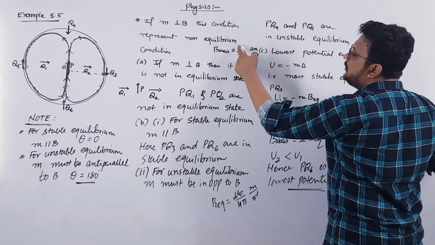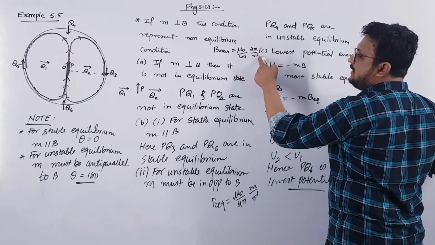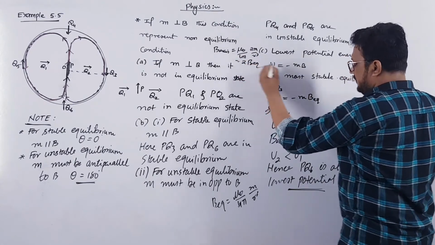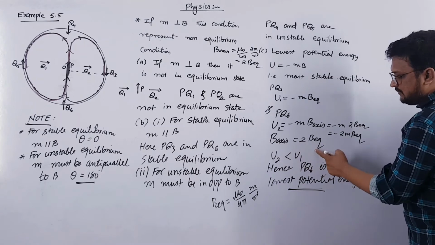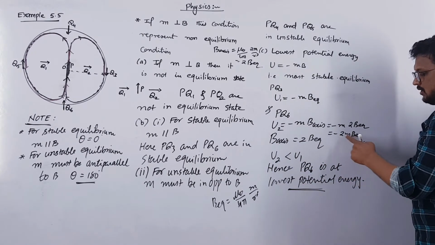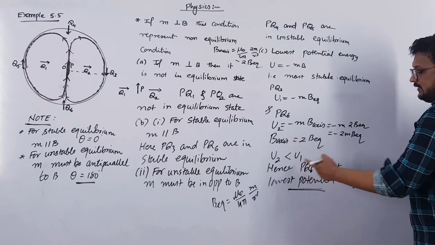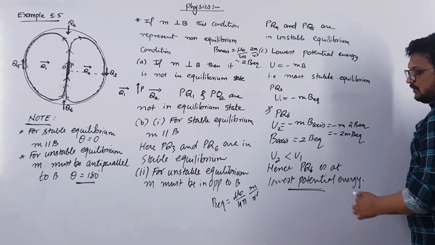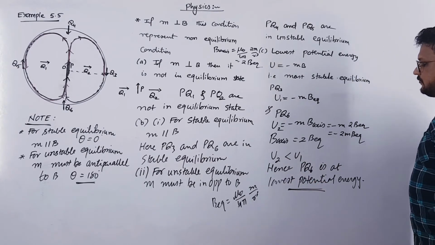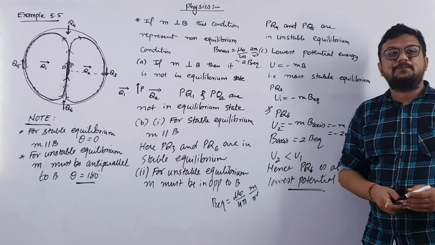So if you write mu naught by 4 pi m by r cube as B equator, then 2 is left. So you can say that this is 2 times B of equator. So B of axis is 2 times B of equator. So obviously if you put 2 into M into B of equator, you can say that U2 is 2 times U1 with negative sign. So U2 is less than U1, hence PQ6 is at the lowest potential energy.